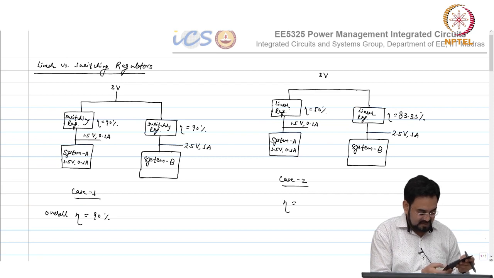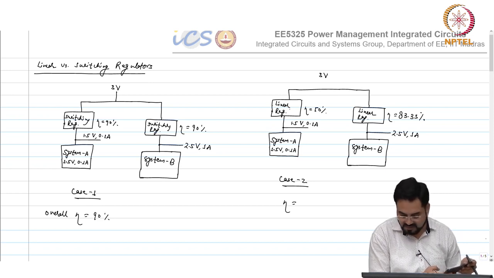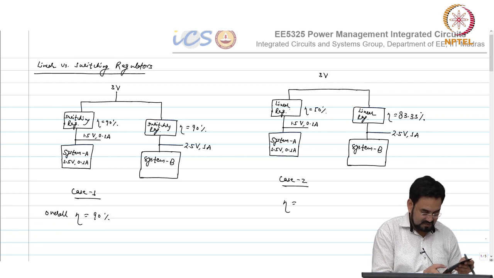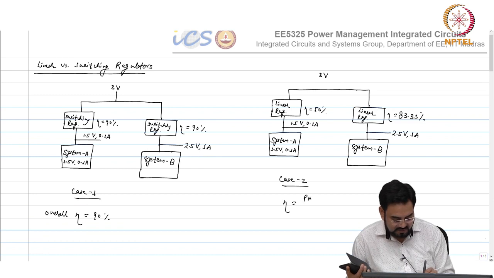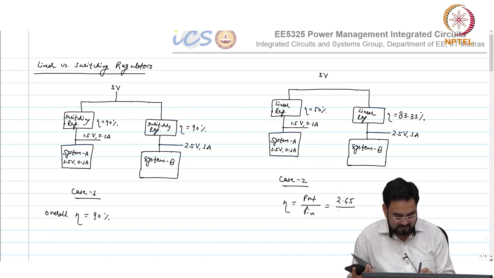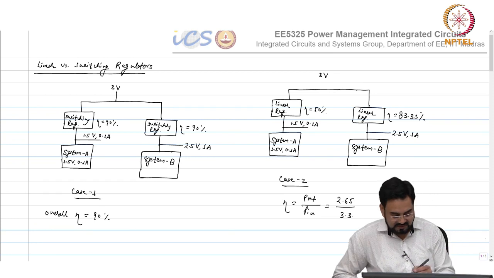So 0.15 plus 0.15, so 0.3, plus 0.5, plus we are delivering 2.5 watt. So 3.3 is Pin, and Pout over Pin is 2.65 over 3.33, 80% roughly.